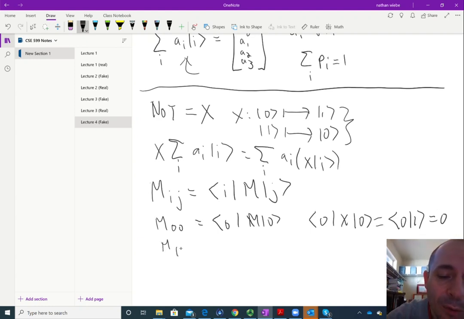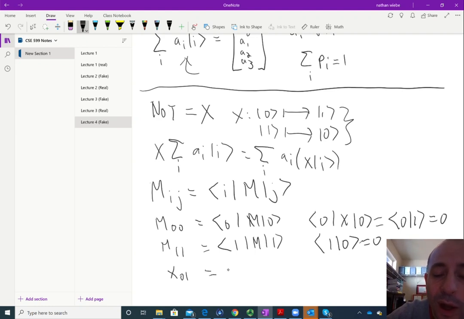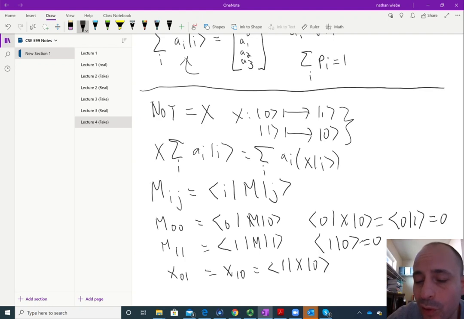Similarly, M_11 is <1|M|1>, which in our case is <1|0>, which is 0. Similarly, if we find a matrix element for M_01, we end up finding it's the same as M_10, which is equal to, say, <1|X|0>, which equals 1.